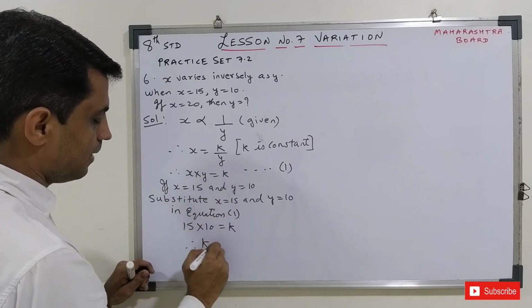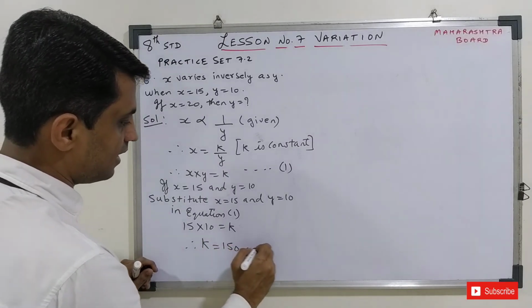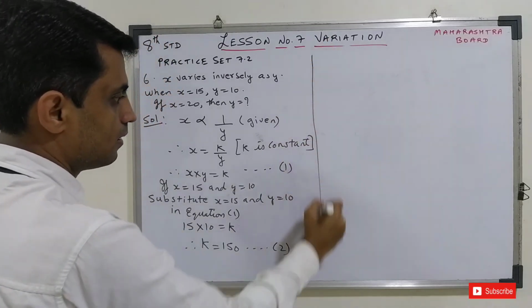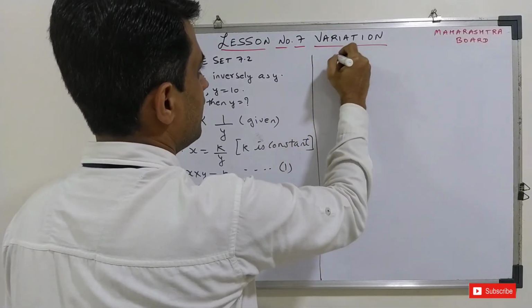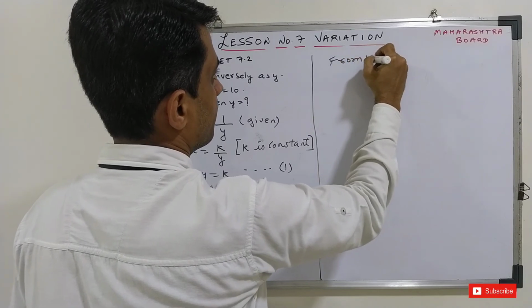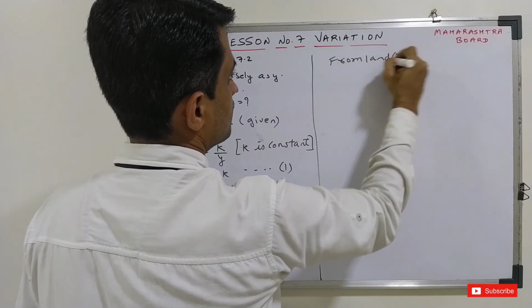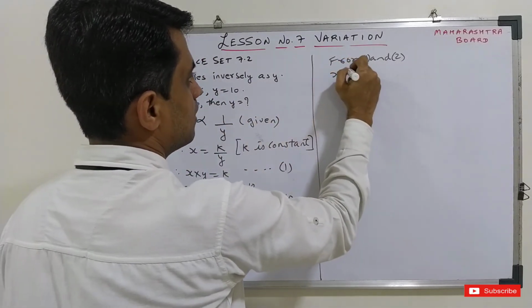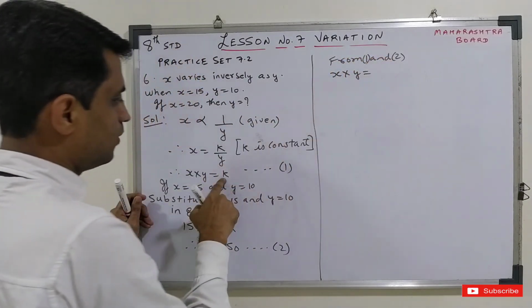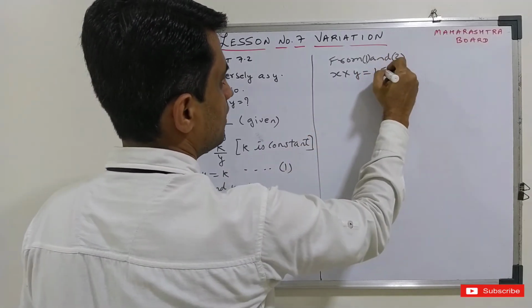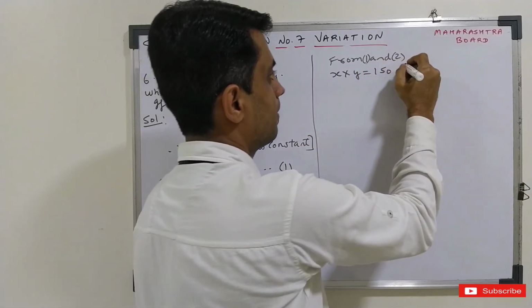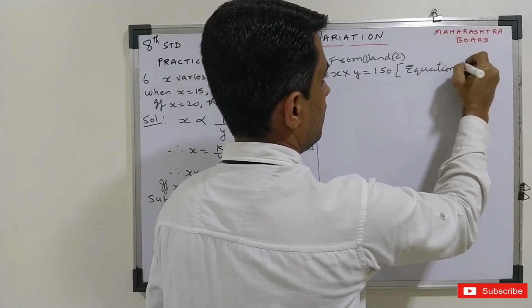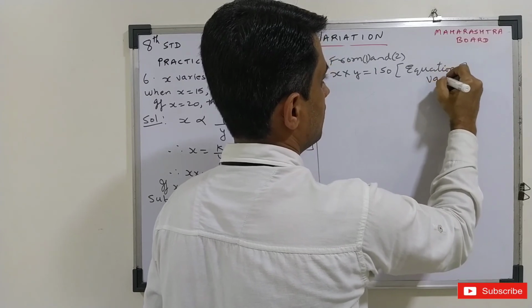So what did you get? k is equal to 150. This is statement number 2. Yes, correct. Now from 1 and 2, what did we get? x into y is equal to k. What is our k? 150. What is this called? This is called the equation of variation.